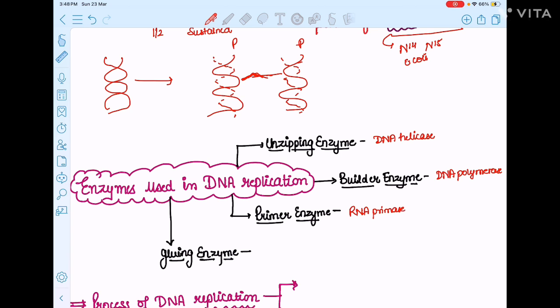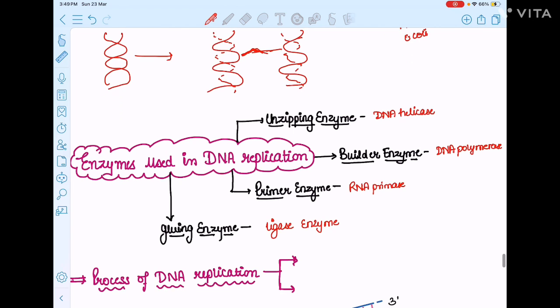That is, DNA polymerase will only act when it is notified by the RNA primase where to start. Then in the end the gluing enzyme, the ligase enzyme, which binds everything together. So we have 4 enzymes: the unzipping enzyme, DNA helicase; the builder enzyme, DNA polymerase; the primer enzyme, RNA primase; and the gluing enzyme, ligase.